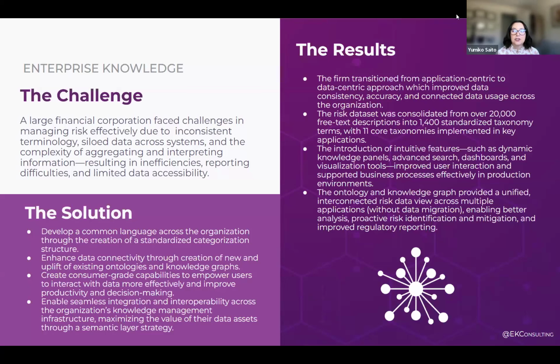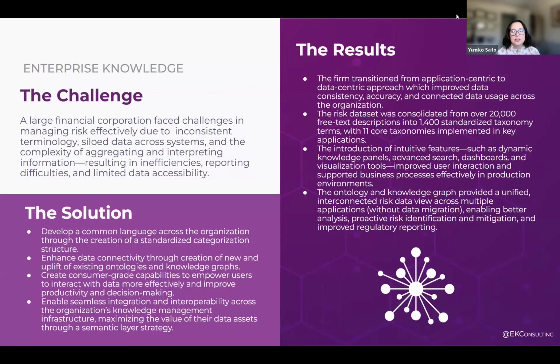The ontology and knowledge graph provided a centralized and interconnected view of risk information. All of this was able to happen without having to migrate data, which is very important. There was new functionality built upon this connected data to provide enhanced search capabilities, knowledge panels, reporting dashboards, and data visualization, as I mentioned again.